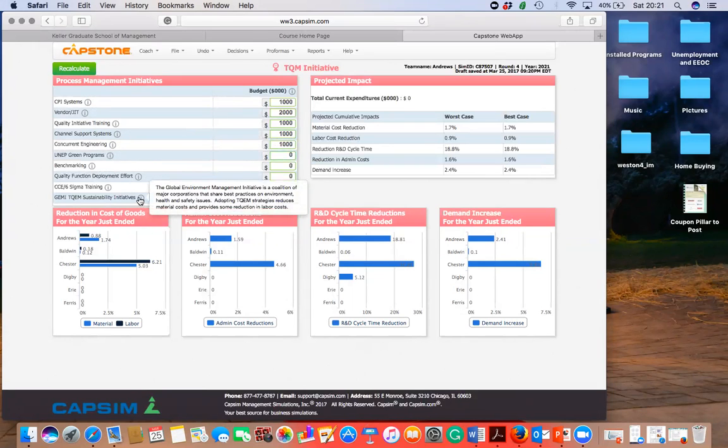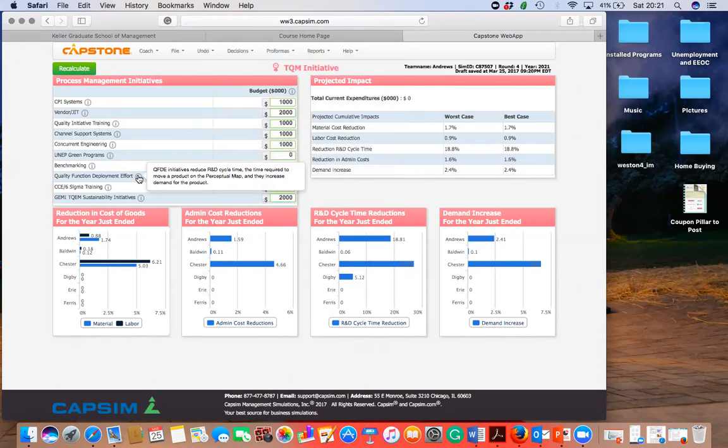I know this one I want to put $2 million towards. Geez, let's do $2 million. And function, find cycle time.